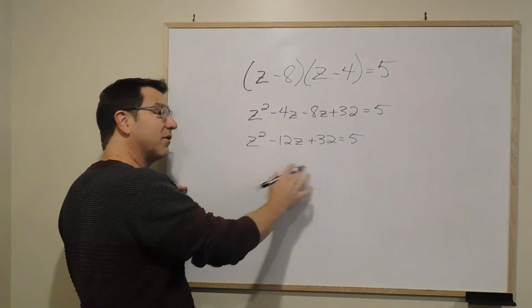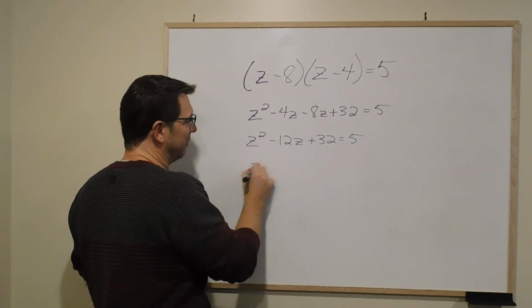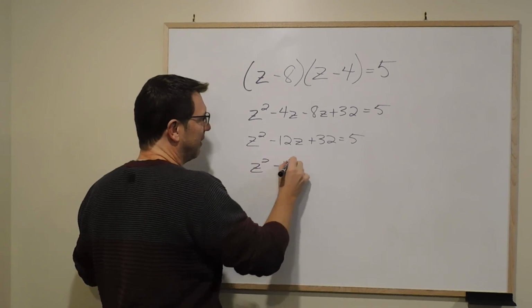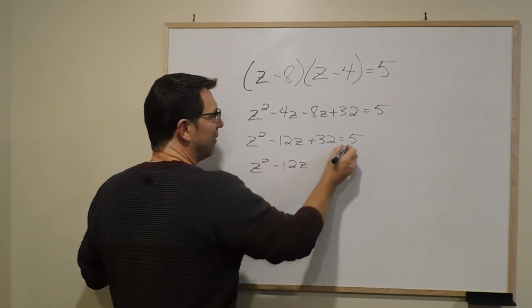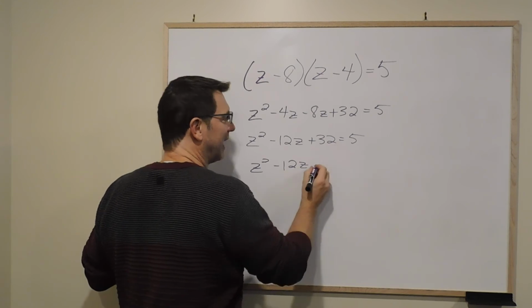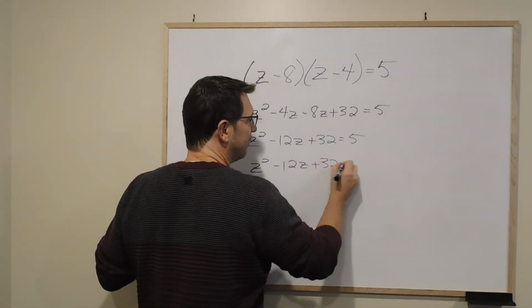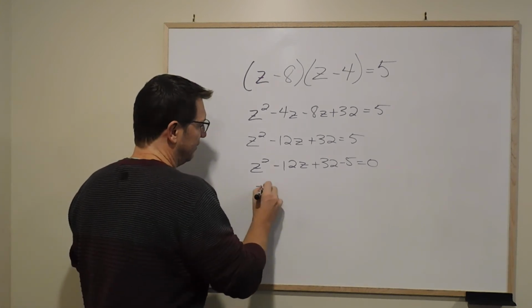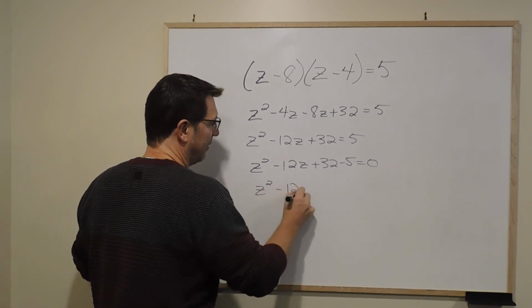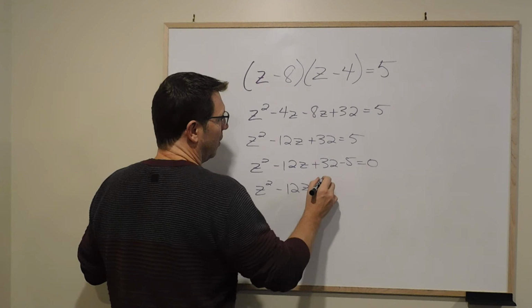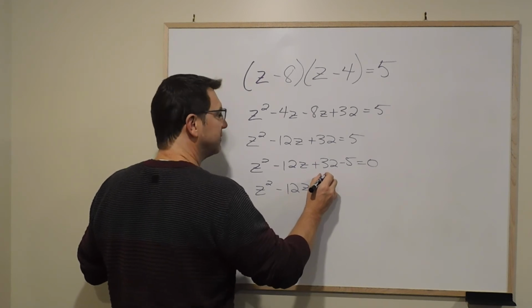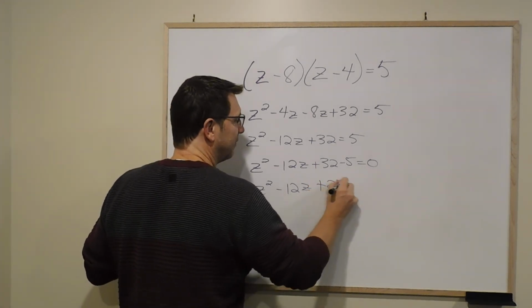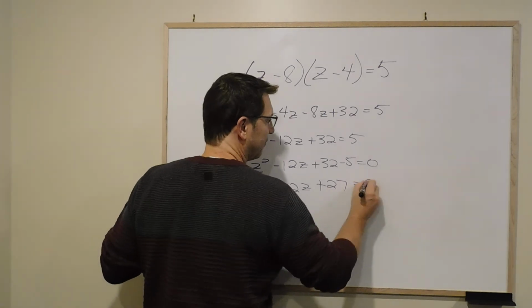We bring the 5 over because we need this side equaling 0. Z squared minus 12Z plus 32 minus 5 is plus 27 equals 0.